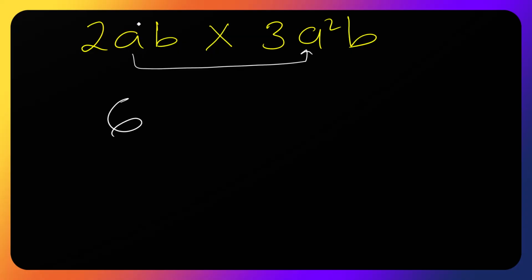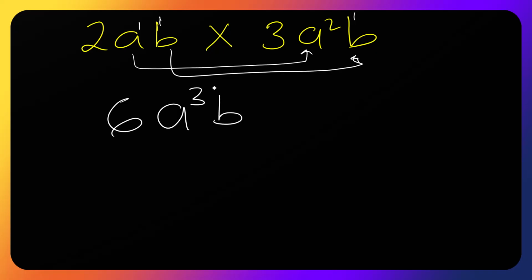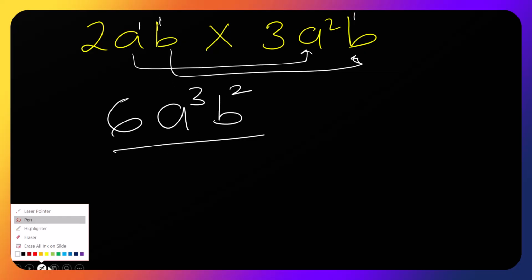If I multiply, I'll just add the powers. Remember this one is 1, so that will be a cubed, or a to the power of 3. And we have b times b, 1 plus 1, 2, b squared. So the answer for the first one is 6a cubed b squared.